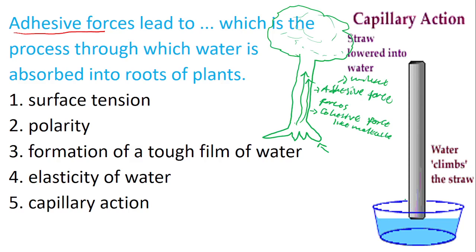The reason is the two forces: one between water molecules and themselves, and the other between water molecules and the walls of the straw. These two forces will lead to a property of water which we are looking for in this question.